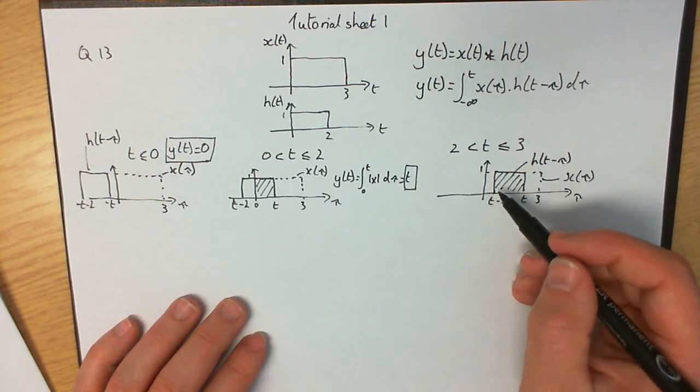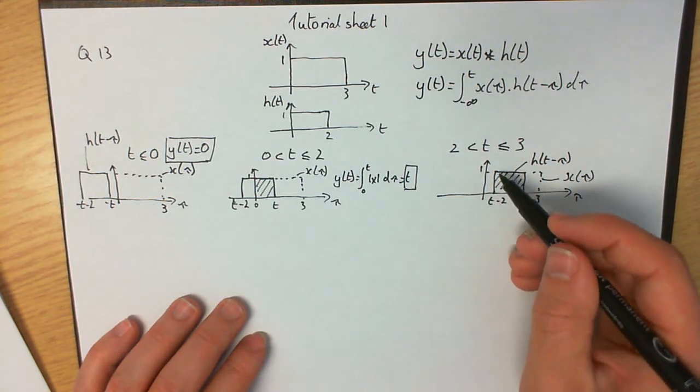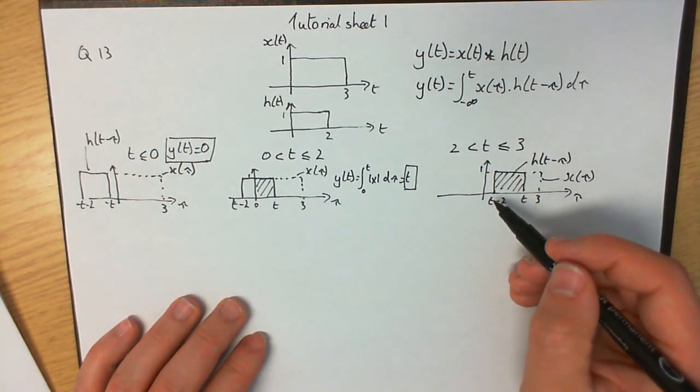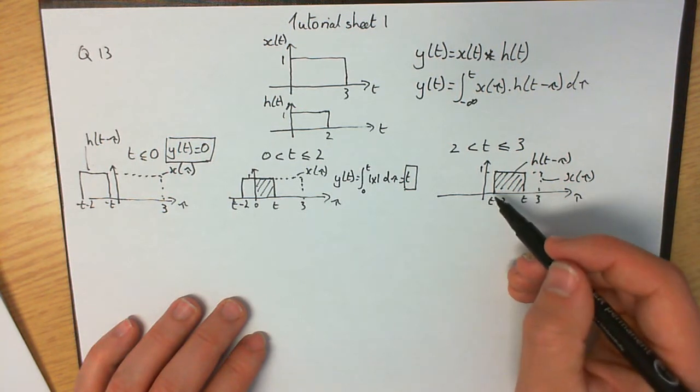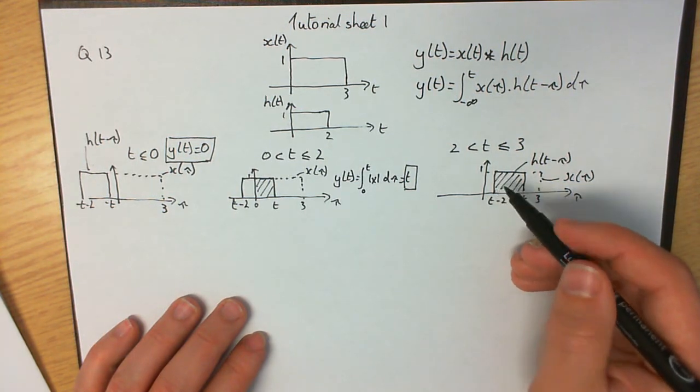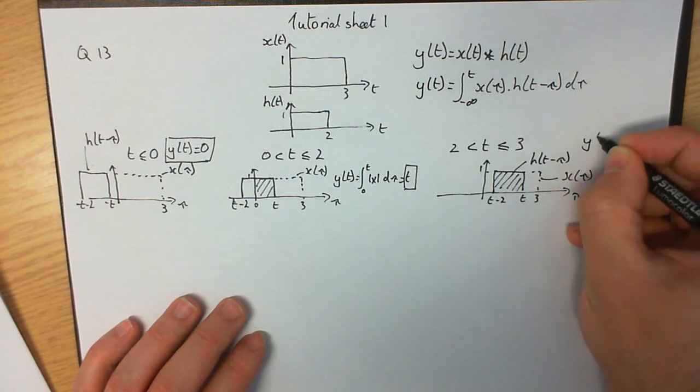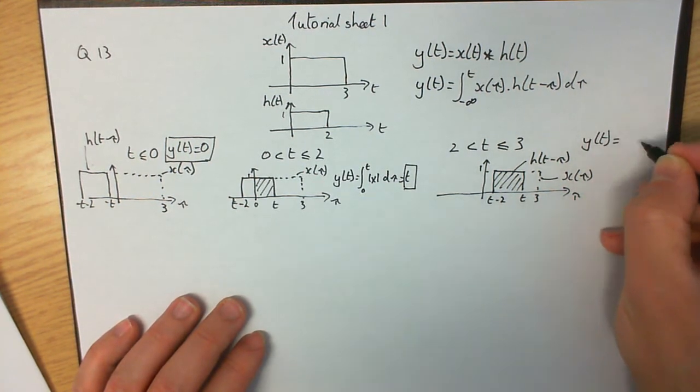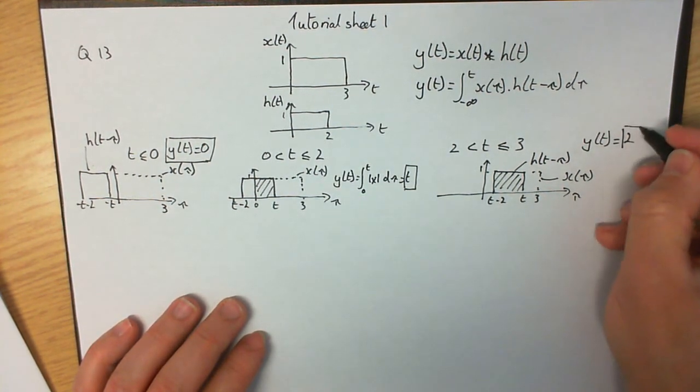So the integral is very simple, it's just the area under this curve. So it has a width of 2 and a height of 1, so the output at that point is just 2.